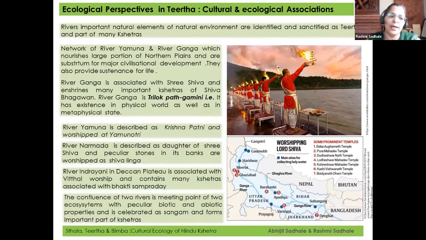Naturally, they all have their network of water channels. The confluence of two rivers, which is the meeting point of two ecosystems with peculiar biotic and abiotic environments, forms a rich environment after the confluence that is celebrated as Sangam and is a very important part of a Kshetra.